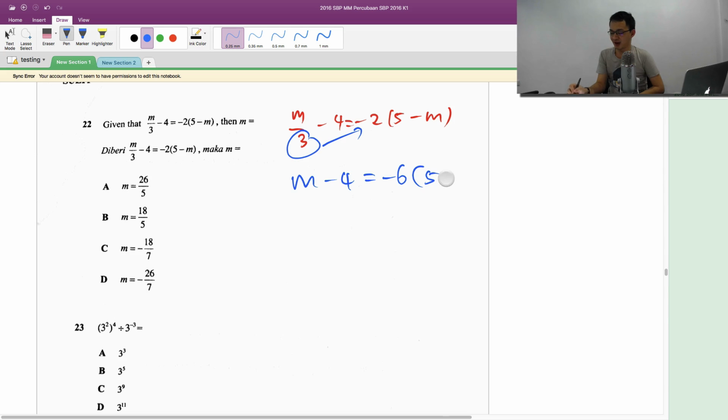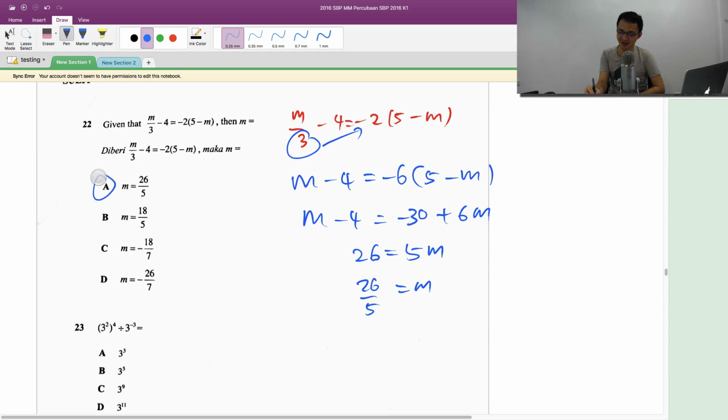Negative 6, 5 minus m. And then they will continue. m minus 4 equals to negative 30 plus 6m. And then they will get 5m equals to 26, something like that. And then they will get m equals to 26 over 5. And then they will get the answer A. And then they will get the whole question wrong.